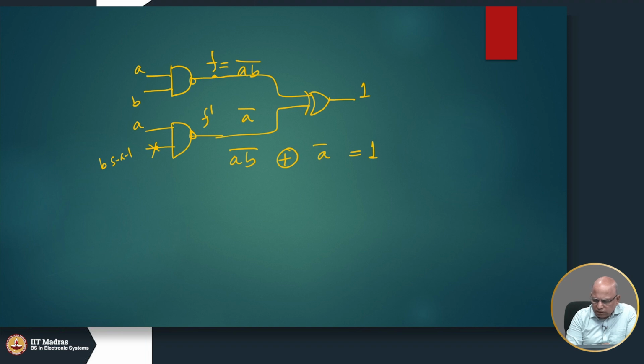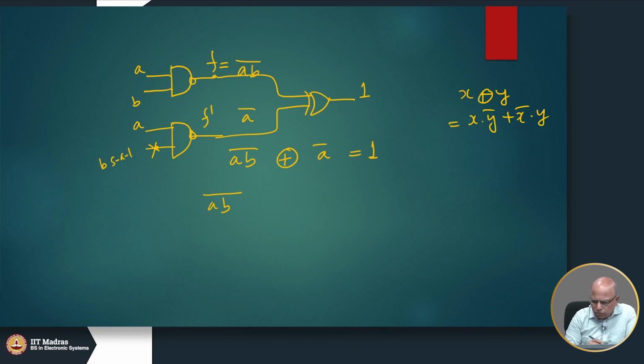So, you can if you want simplify this, there may be more than one way of doing this, right. So, let us try it the usual way, AB whole bar. If you remember, X XORed with Y is same as X Y bar plus X bar Y. So, we will use this idea.